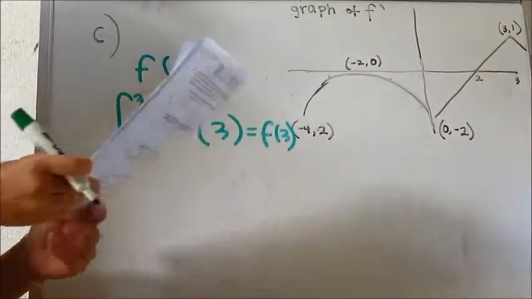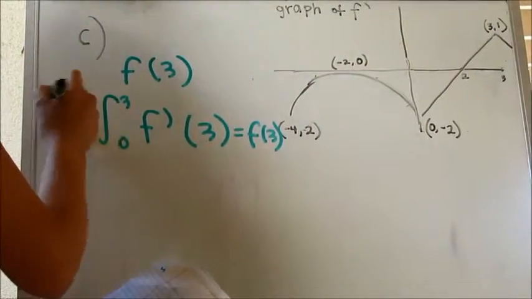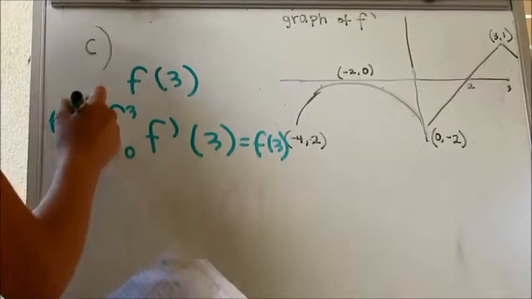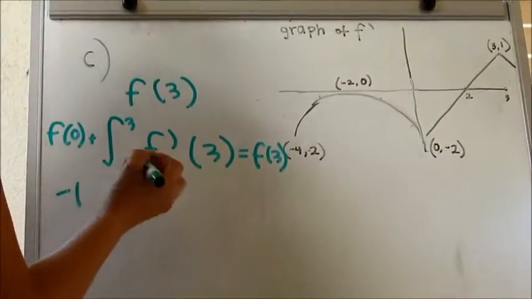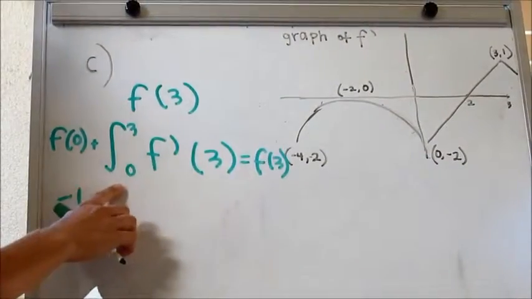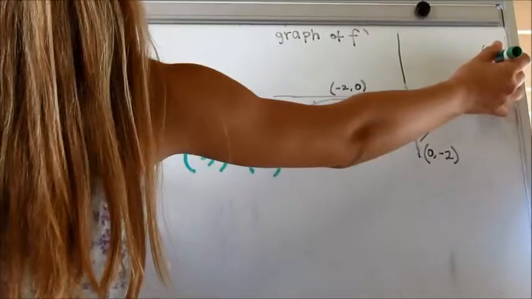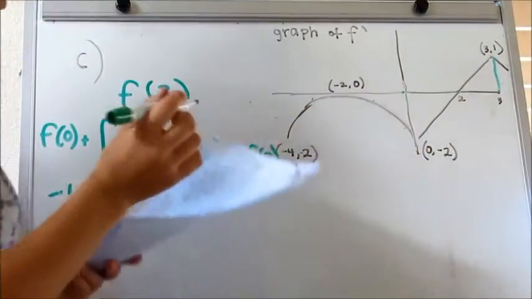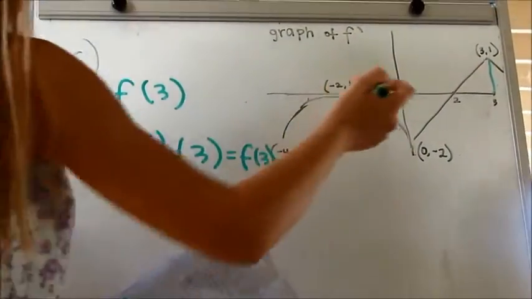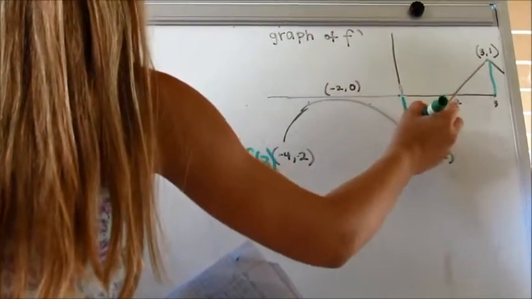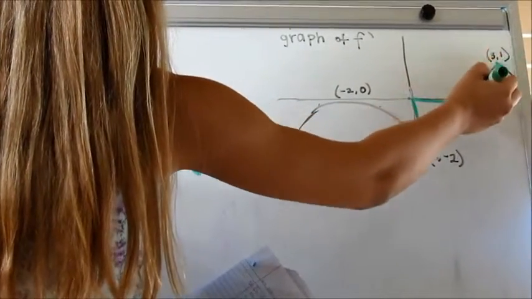And we have to include the original position, which is f of 0. So f of 0 is given in the original question, and that's negative 1. And to find the area of the derivative from 0 to 3, we have to take the area of this triangle and the area of half of this triangle.